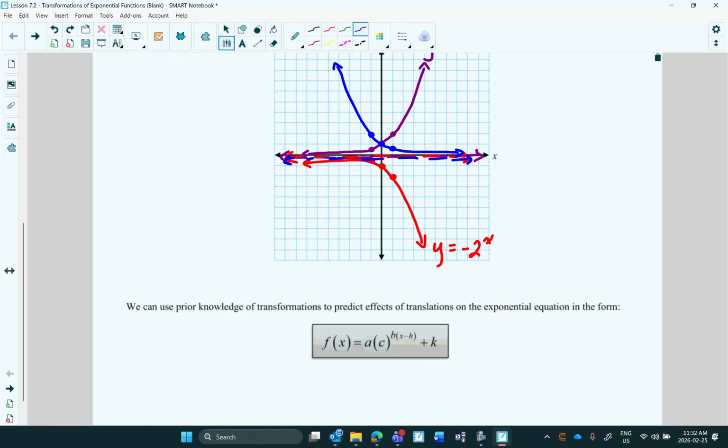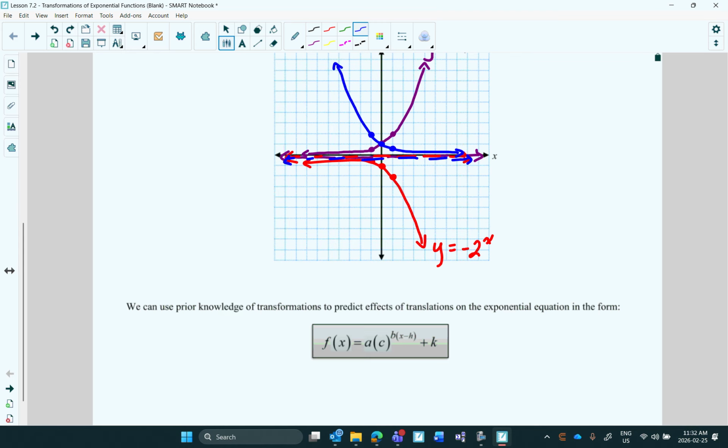And here's sort of the general transformation equation we use for exponential functions. Remember, if it was radical functions, instead of an exponent, we'd have a radical sign. Okay? So A represents what? Vertical stretch and flip if it's negative.